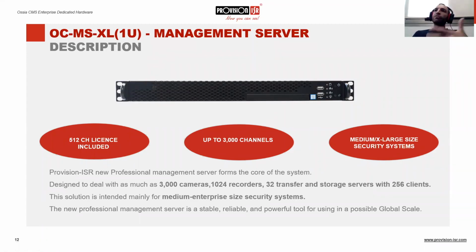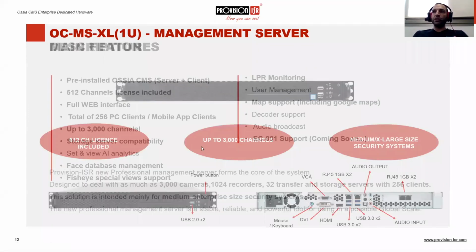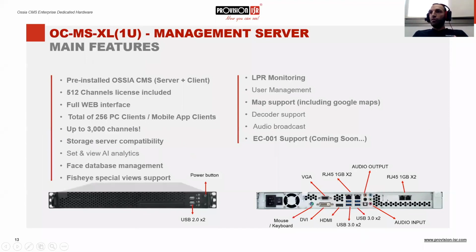But the benefit of this server is that the hardware also allows redundancy and load balancing. With 4 network connections, you can see the back of it, 4 network connections for redundancy and for load balancing.